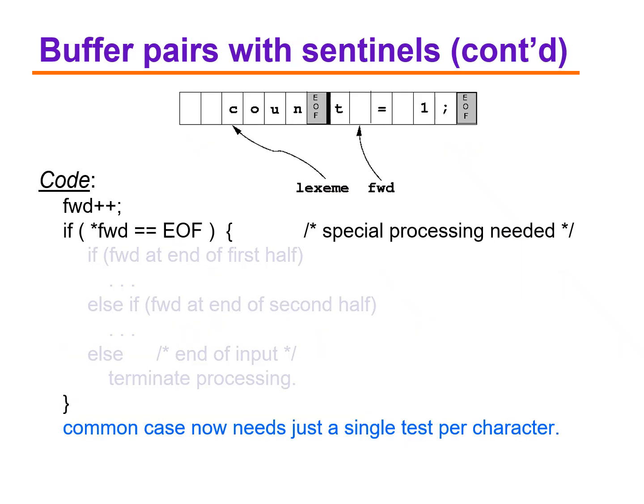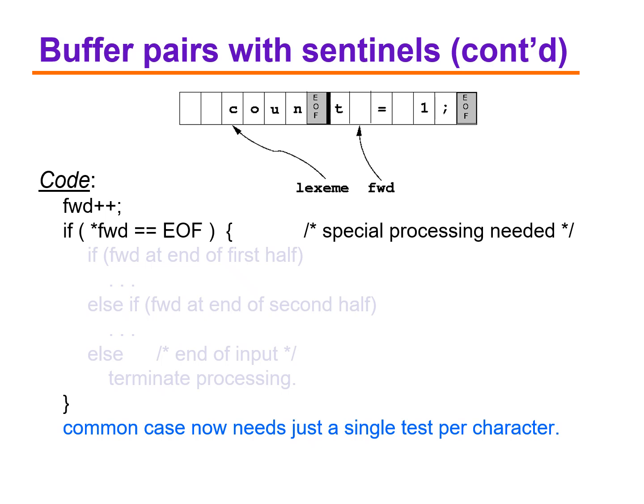This forward pointer will account for most of the work. It will be moving forward one lexeme at a time. In the previous scheme, we have two pointers, and for every look ahead we need two types of tests to be done for each and every scan of a lexeme.